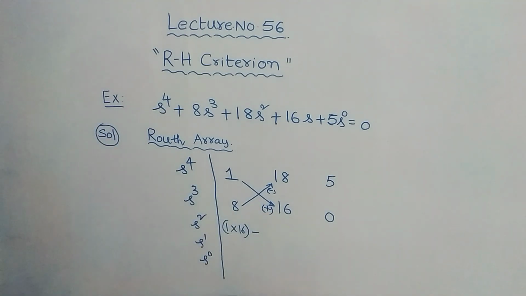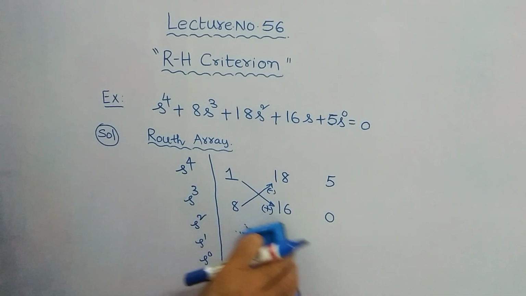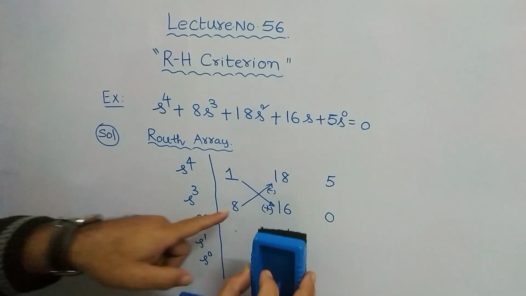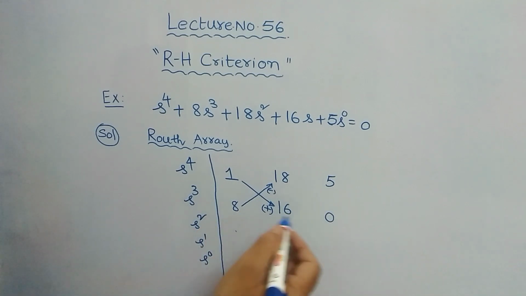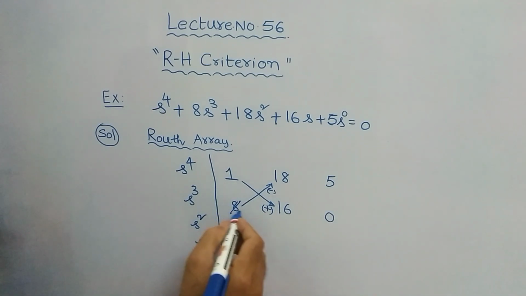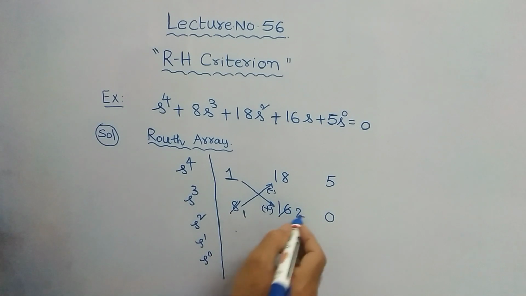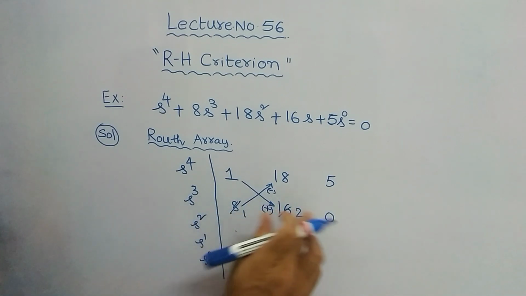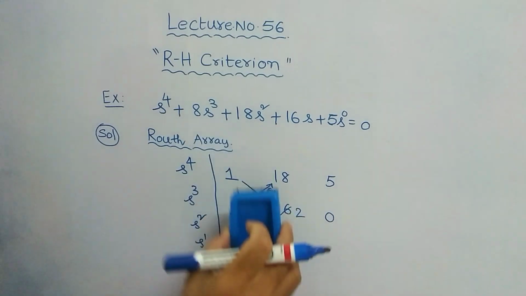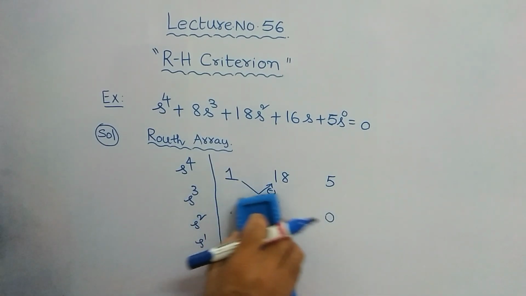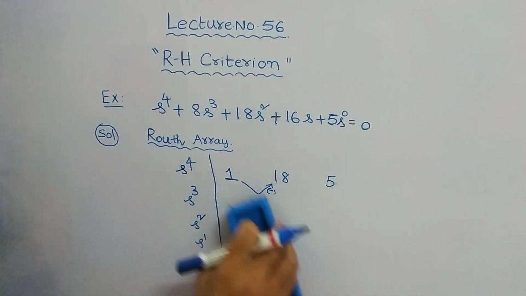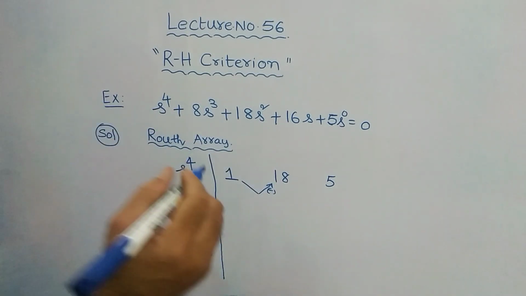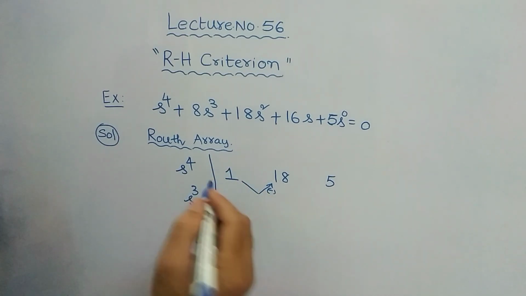Or otherwise, for our simple calculations, you can do one thing. Here 8 and 16, with 0 in the second row, you can cancel, as 8 ones are 8 and 8 twos are 16. Therefore, you can write 1, 2, 0 also. Nothing wrong in that, because if all these coefficients are multiples of one common element, you can take out the common element.